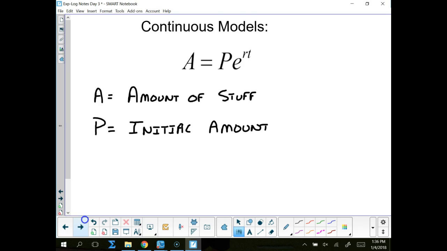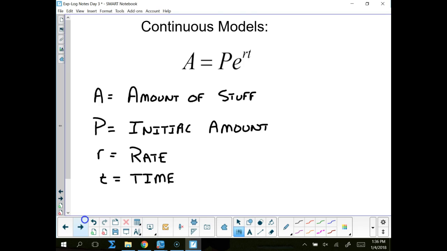E is E. R is going to be your rate. Once again, it'll be a percentage in the problem. You'll need to convert it to a decimal to use it in the function. But here's the cool thing about PERT. T is time.